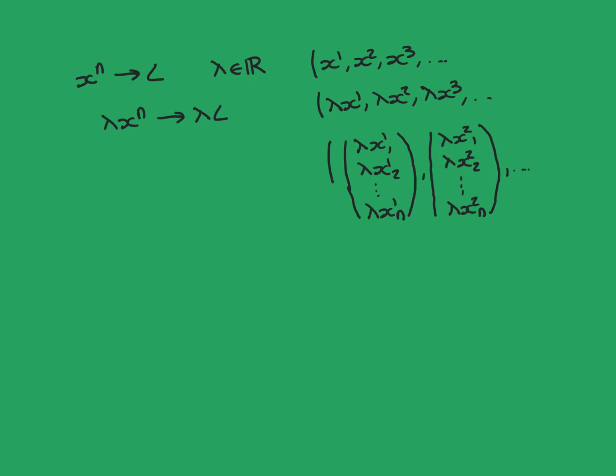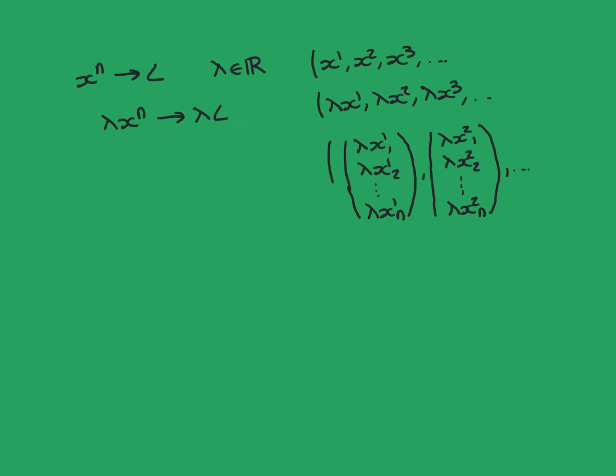Scalar multiplication means that you multiply each of the coordinates by this real number lambda, and this is just multiplication in the real numbers, because each of the coordinates is just a real number. So that's the first vector of this scalar multiplied sequence.